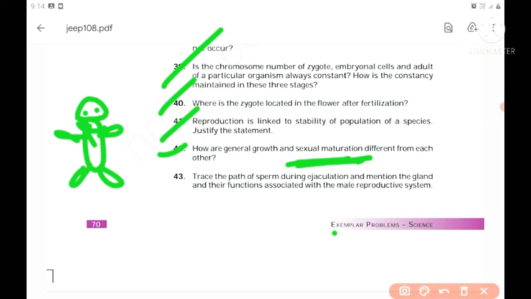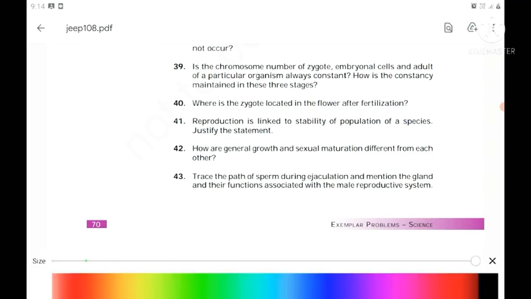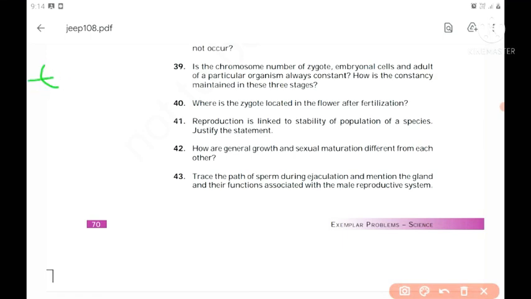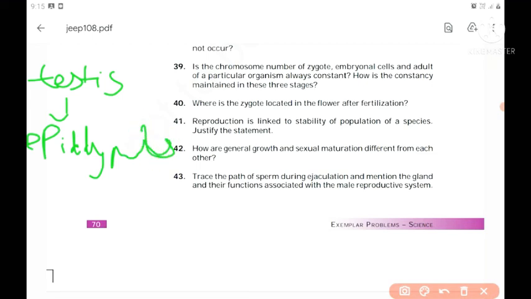First, it's from testis to epididymis. Okay.